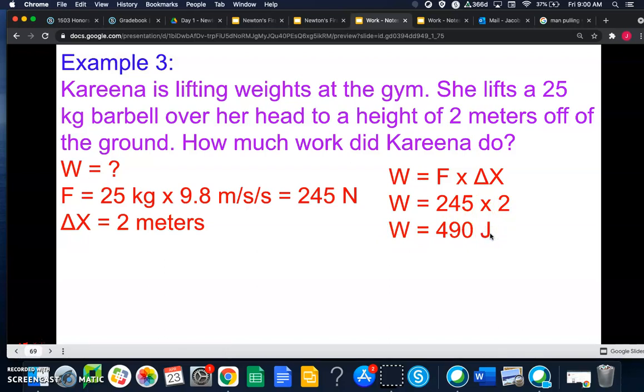So as we're looking at examples 2 and 3, for examples 2 and 3, we both had to calculate the force. In example 2, I gave you the acceleration. In example 3, I didn't give you the acceleration, but because she was lifting it upwards, her force is 245 newtons.